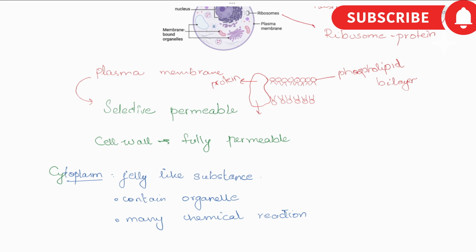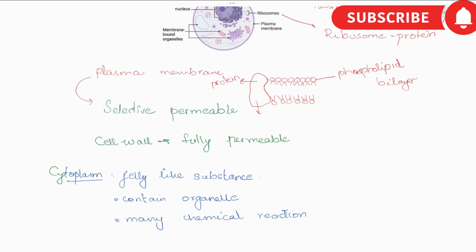Yes, all cells have cytoplasm. It's a liquid that fills the whole cell, a gel-based, water-based fluid. Okay, what is its importance? First of all, it contains all the organelles. Number two, it is a place where chemical reactions occur.